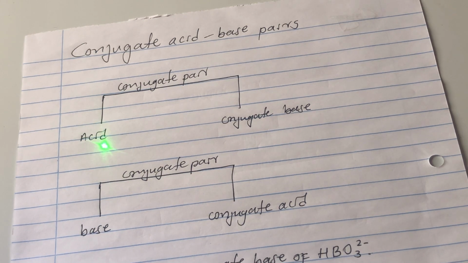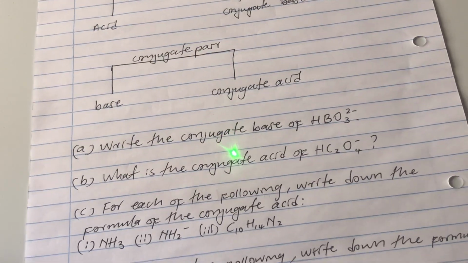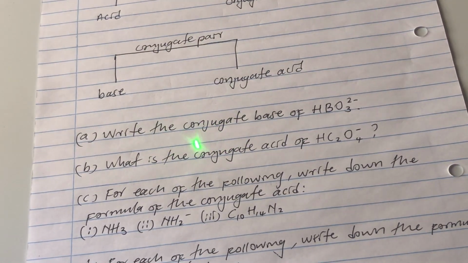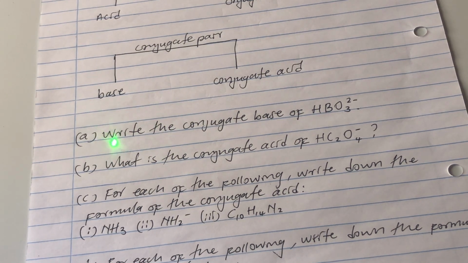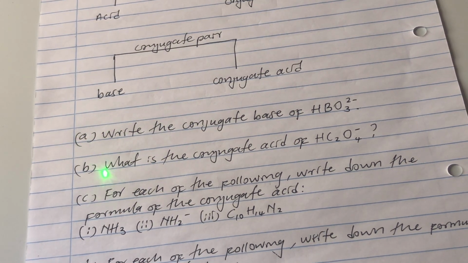When an acid gives away a proton, it becomes a conjugate base. I have mentioned this already. When a base accepts a proton, it becomes a conjugate acid. Let us answer these few questions based on what I was talking about.